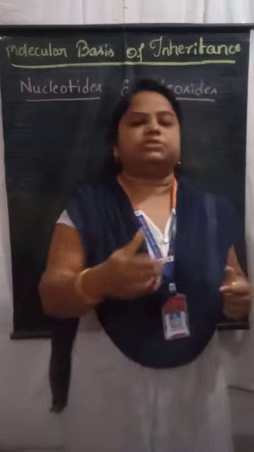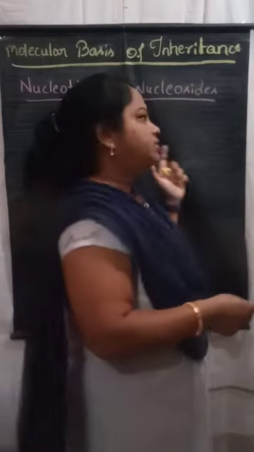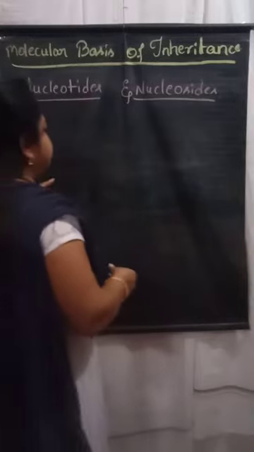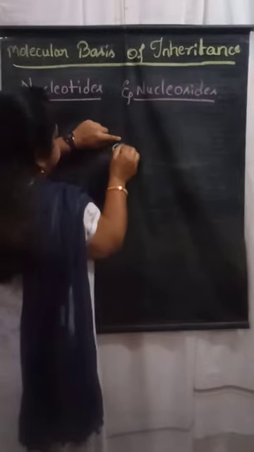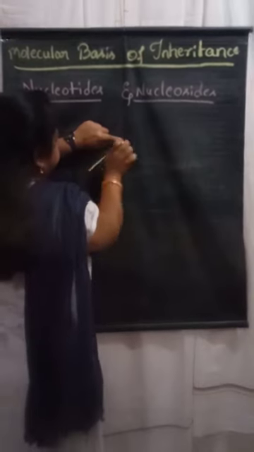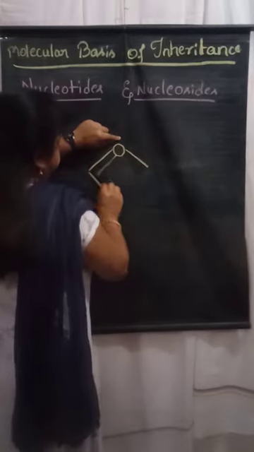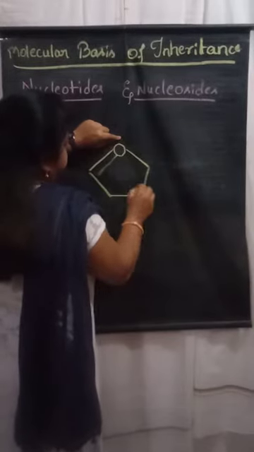Now, in order to understand what a nucleotide and a nucleoside are, we should draw those three chemical components and see how they are attached. Let me draw the pentose sugar.